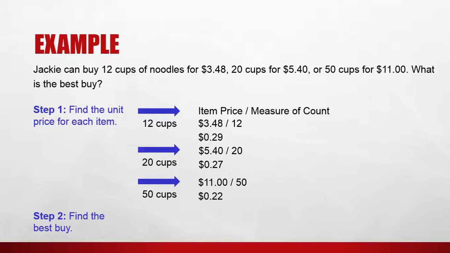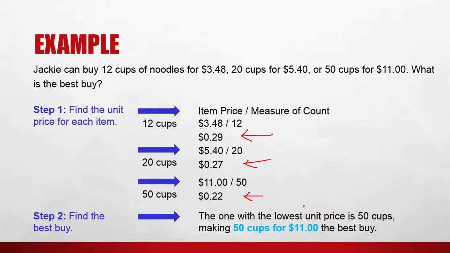Looking at the unit price of each, we have 29 cents, 27 cents, or 22 cents. Mathematically, 22 cents is the best one because that's cheaper than 27 and 29. So the final answer is going to be 50 cups for $11.